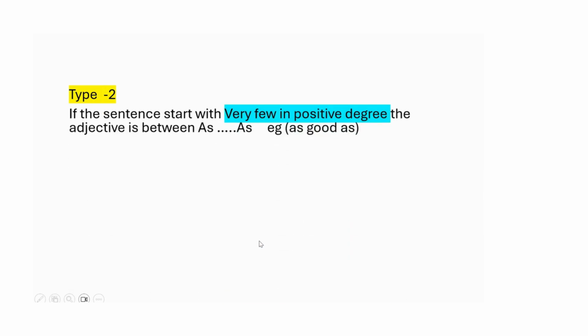Please listen carefully and understand. In type 2, if the sentence starts with "very few" in positive degree, the adjective is between "as" and "as", for example, as good as.